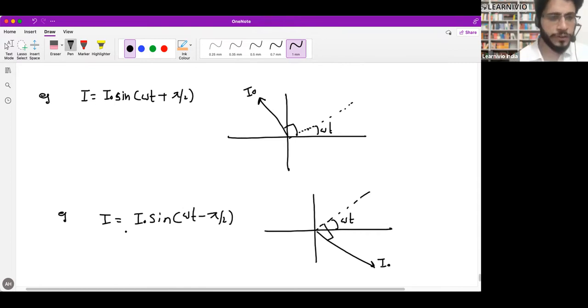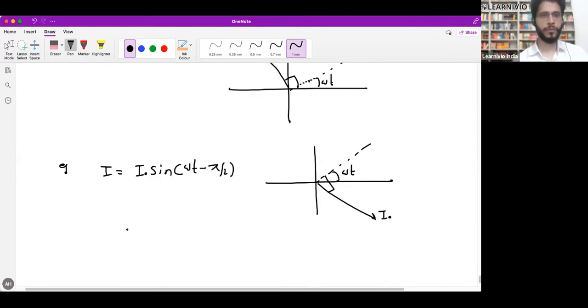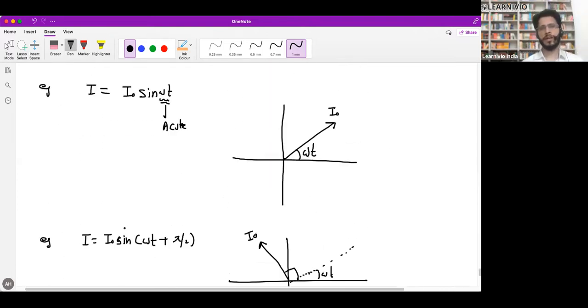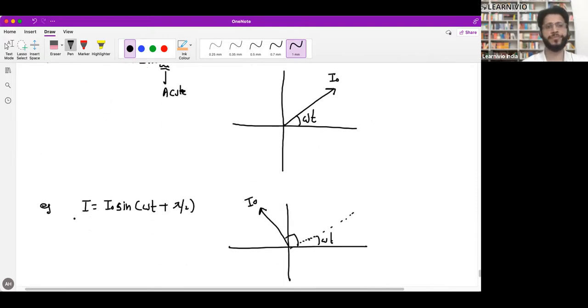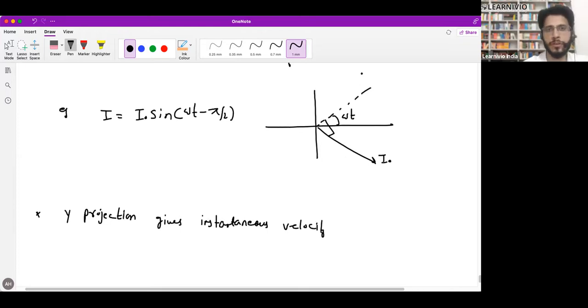Okay, so that was about phasor diagram. There's one more thing in a phasor diagram, and that is the y projection. The y projection always gives the instantaneous value.